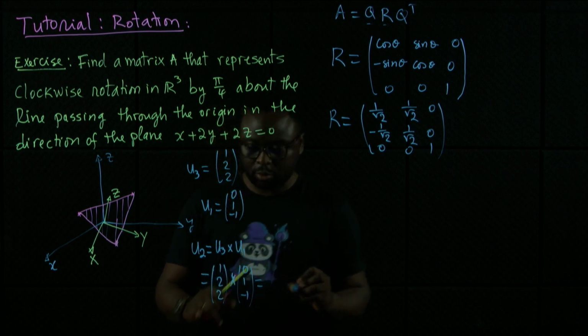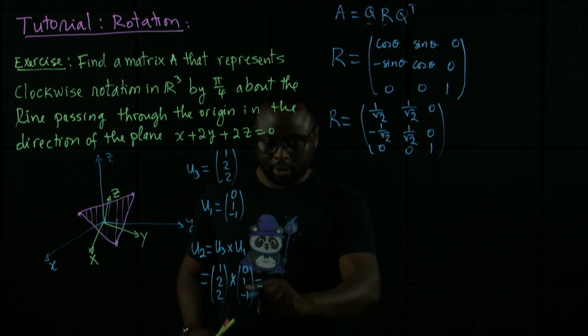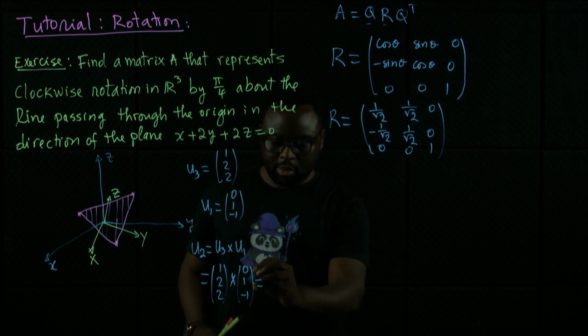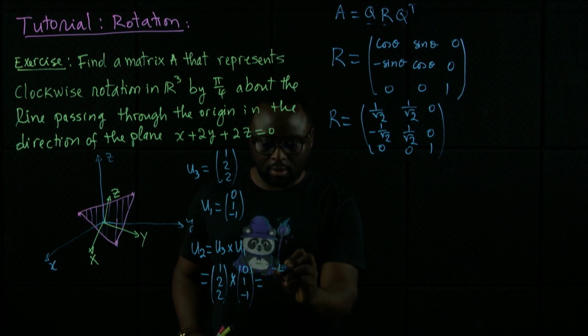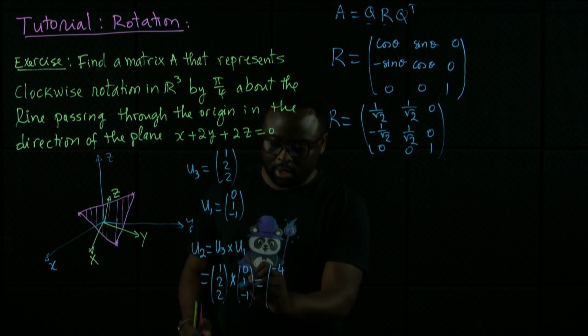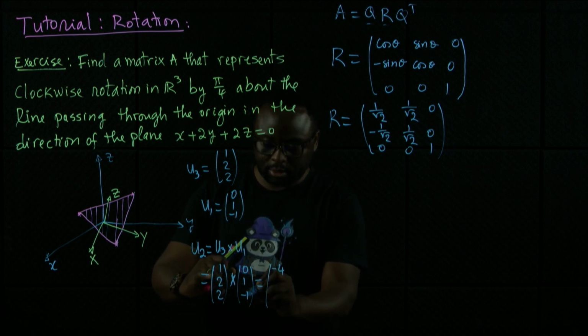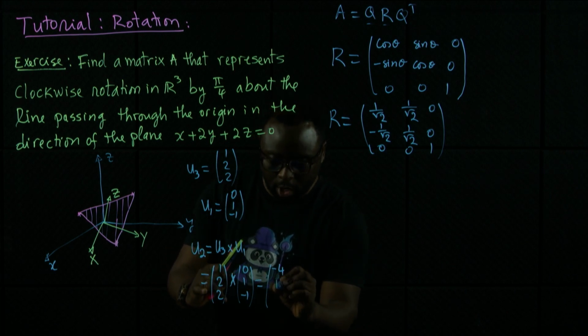If we do the cross product, for the first entry we remain with minus 2 minus 2, which is minus 4. For the second entry, we remain with minus 1, and the negative sign coming from the formula makes this 1.